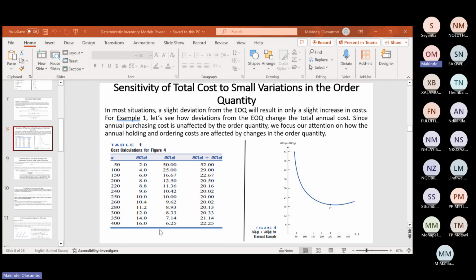So DC doesn't influence your ordering cost. What plays a key role is your ordering cost and your inventory holding cost. Hence, we're able to differentiate them. So if I want to work out how sensitive my cost would be if I increase the order, I'm only focusing on my total cost, being ordering cost plus inventory holding cost.